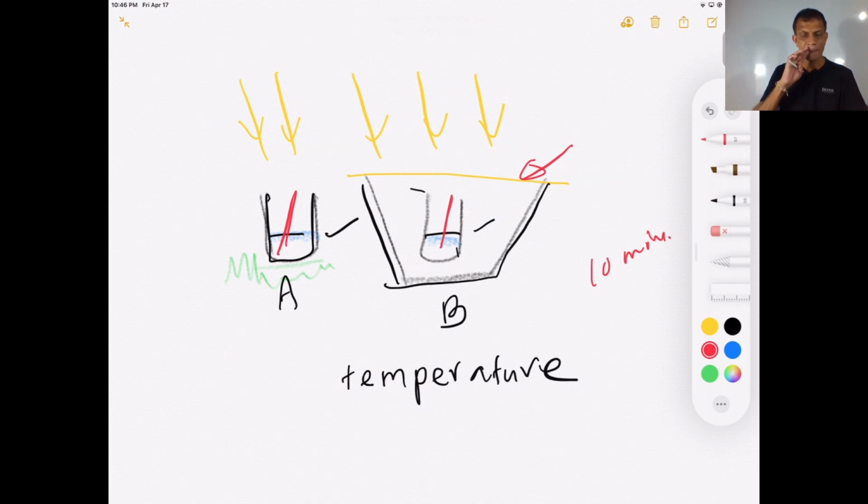Children, the temperature of beaker A is not higher than that of beaker B. Beaker B gets more energy because of the sunlight.